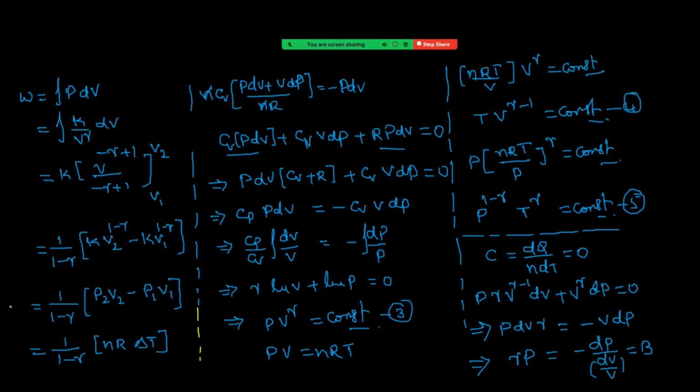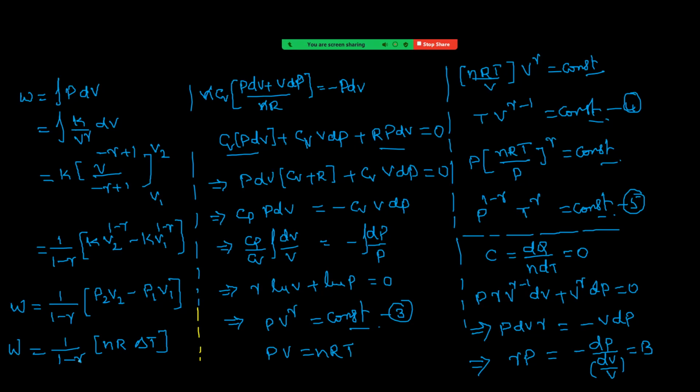So you have to keep these two points in mind. Work done in adiabatic process is 1 by 1 minus gamma into P2 V2 minus P1 V1, or it is nR delta T by 1 minus gamma, where delta T means T2 minus T1.